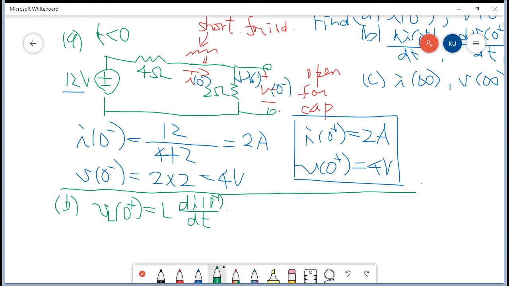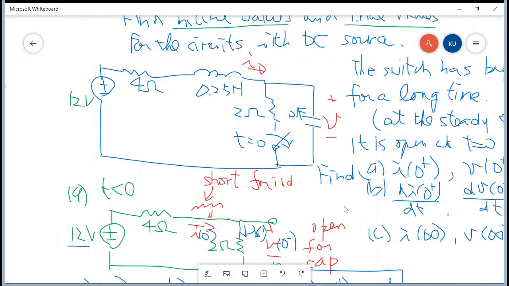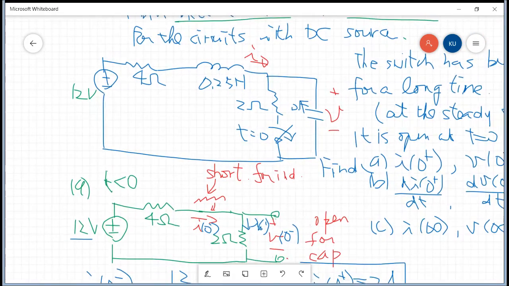So actually, we will have dI(0+)/dt equals 1 over L times VL(0+). And what is VL? VL is actually here.